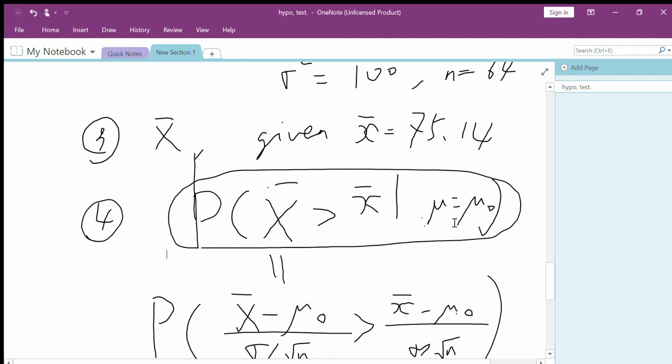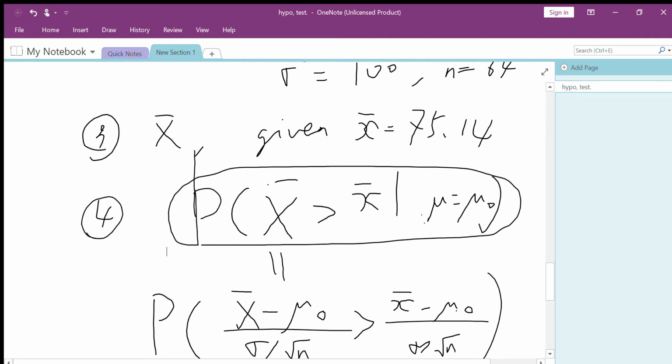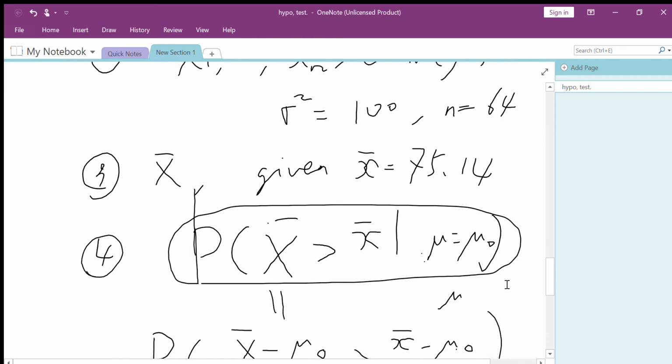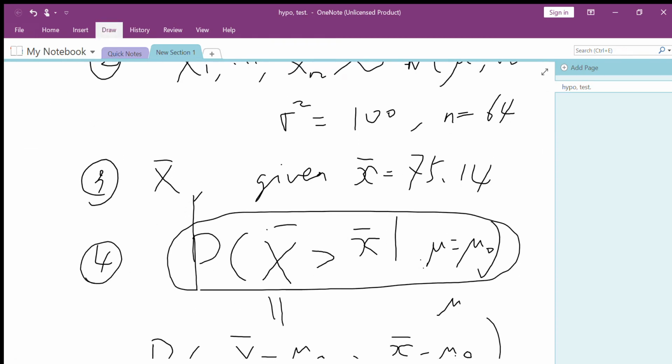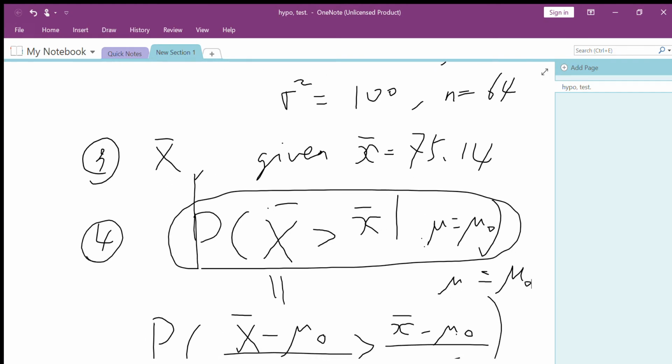So while here we write mu equals mu 0, not mu less or equal to mu 0, you can prove mathematically that this conditional probability and the equal sign will give the same result for hypothesis testing. That's why we just give the equal sign H0, not the original.